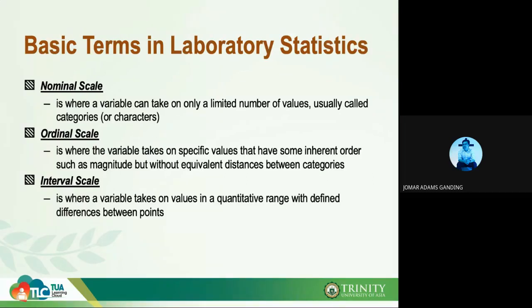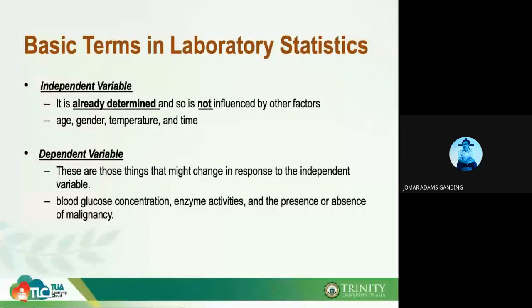Now, moving forward, your variable can also be independent or dependent. Your independent variables are already determined and are not influenced by any other factors, like your age, gender, temperature, and time. On the other hand, your dependent variable might change in response to your independent variable.